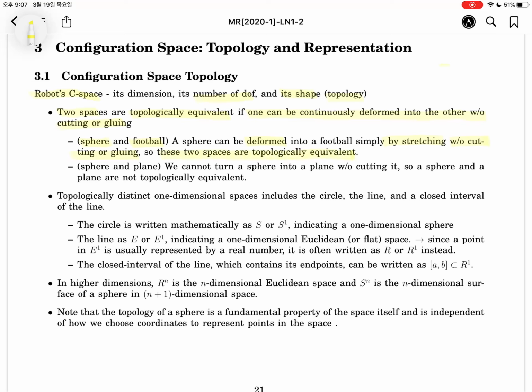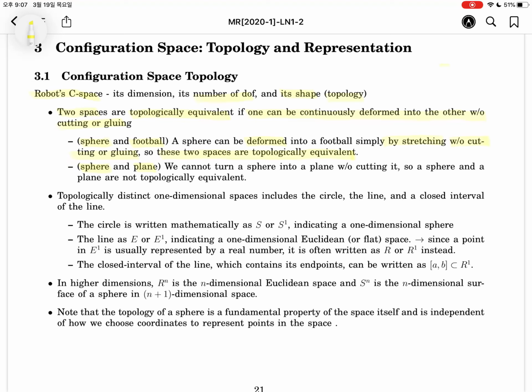These two spaces are topologically equivalent. We can make it by just deforming, stretching or contracting, something like that. Then we can make the sphere into the football or the football into the sphere.